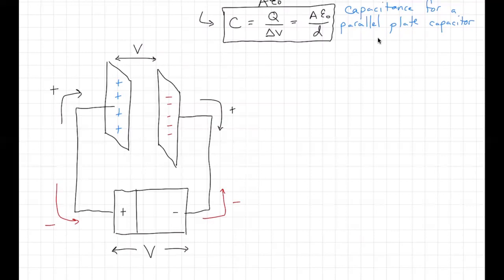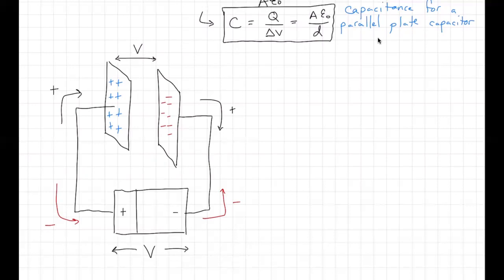So when you turn the battery on, the battery pushes charge around in the circuit, but eventually it can't push any more charge onto these plates. As more and more positive charge builds up on this plate and more negative charge builds up on this plate, eventually some equilibrium is reached where even though the battery is pushing positive and negative charge around here, it just can't move charge anymore, because there's already such a large buildup of positive charge on the left plate and negative charge on the right plate.